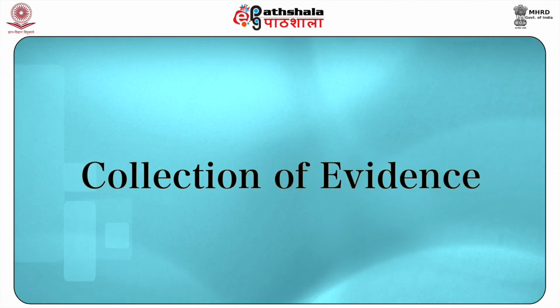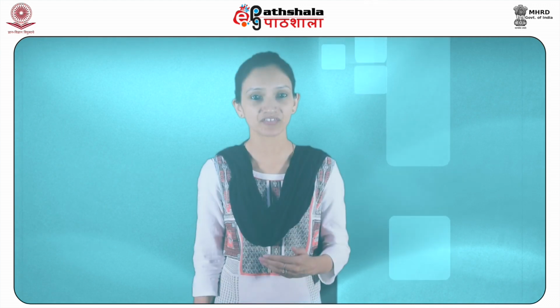Next is collection of evidence. An investigating officer should remain cautious while collecting evidence from the crime scene. He should always keep in mind the following points: what evidence should be collected, how to collect the evidence, whether the evidence collected will support the investigation or not.